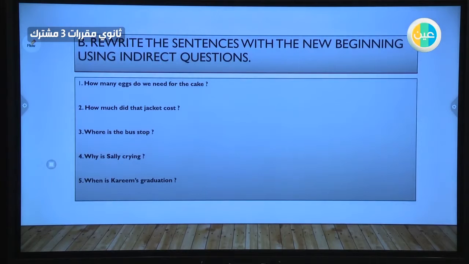Also, we discussed how to change a question from direct to indirect, or what we call a hidden question, because it's a question inside another. This is the direct one: How many eggs do we need for the cake?